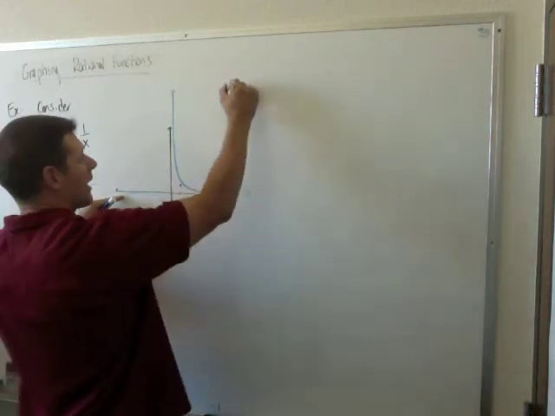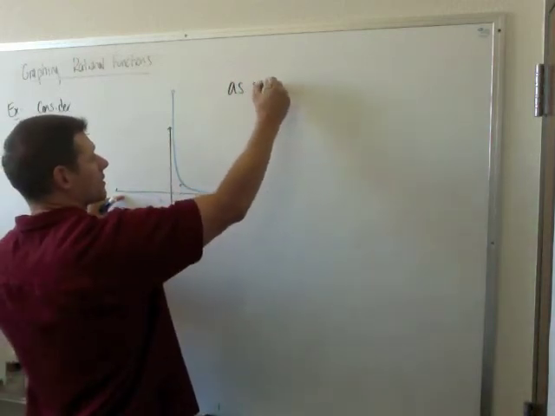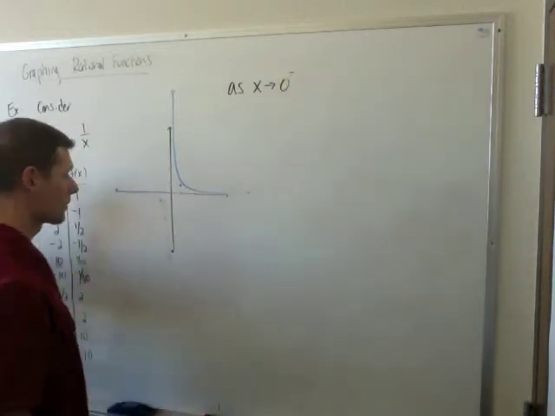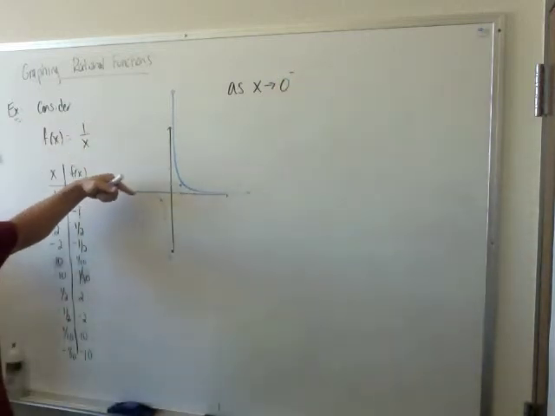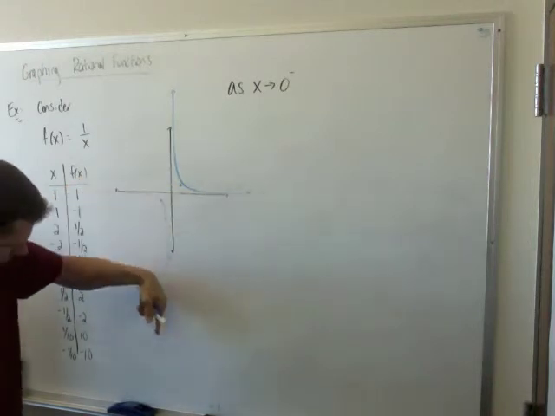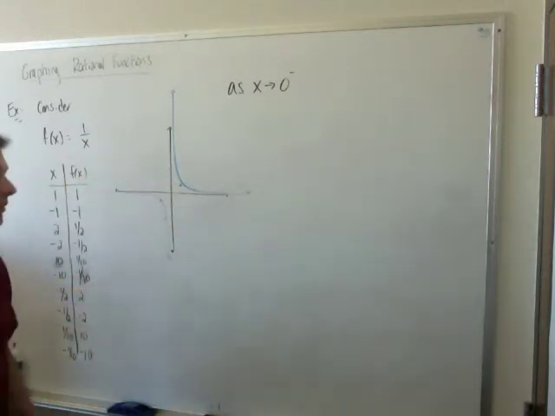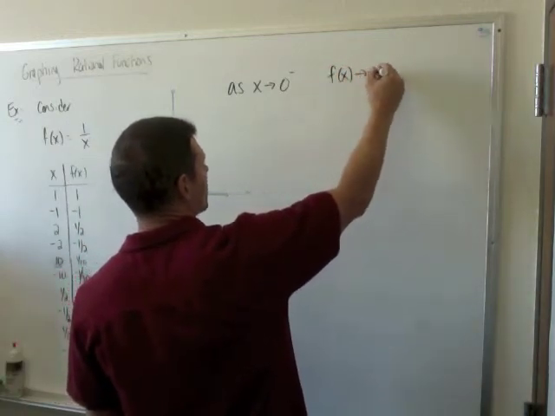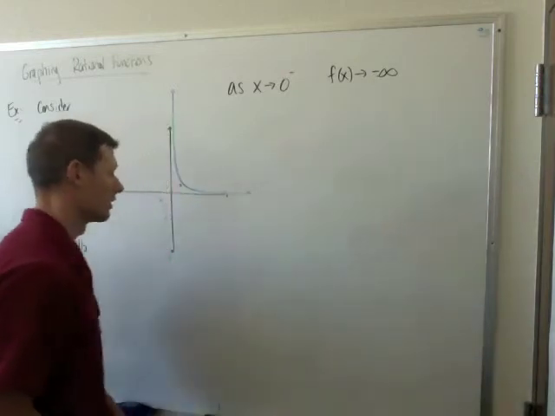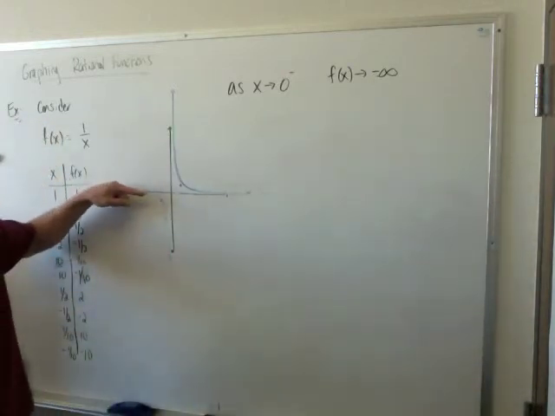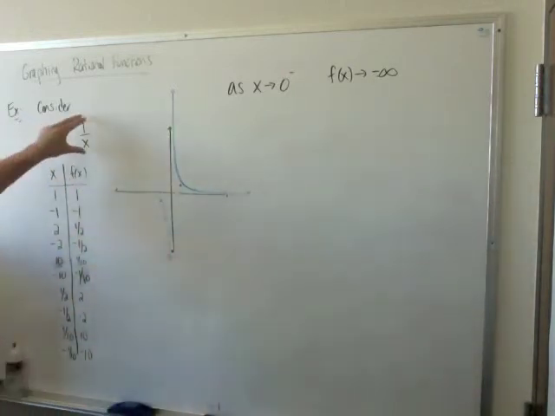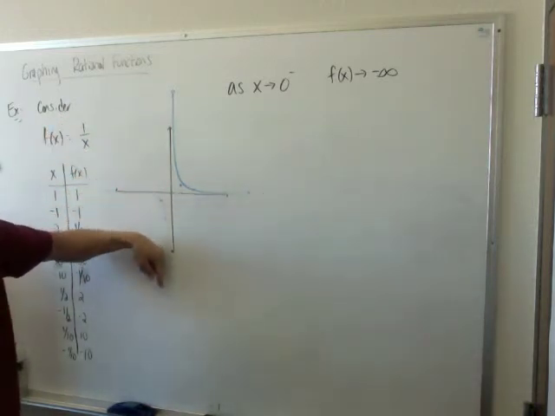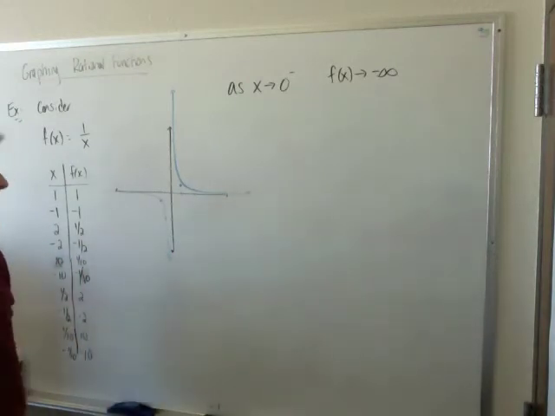Well, as x gets close to 0 from the left, from the negative side, the heights of this function get larger and larger negatively, so we say f of x goes to negative infinity. As x approaches 0 from the left, the outputs of f of x equals 1 over x get closer and closer to a very large negative number, okay?